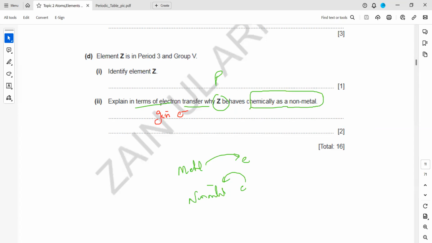But we have to explain in terms of electron transfer, not in terms of oxide. You can mention it will form acidic oxide, but because the question itself says explain in terms of electron, so it gains electron, that is 1 mark, and the second mark, it will form a negative ion or an anion.